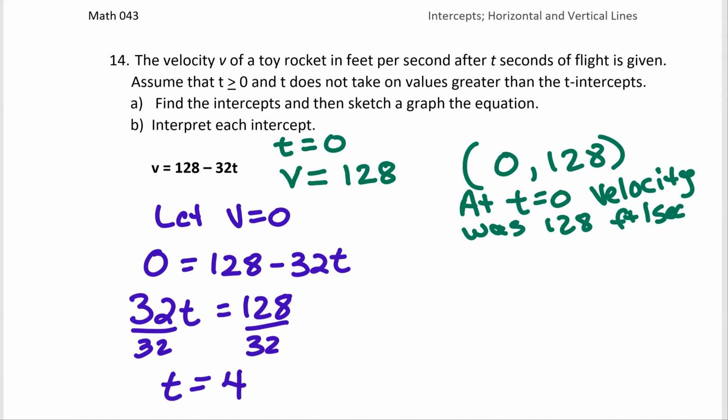And all you have to do is just look right up here in the problem and define what the variables are. So you can write your interpretation.